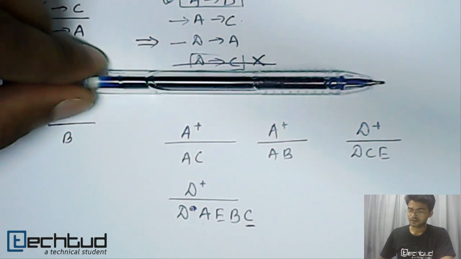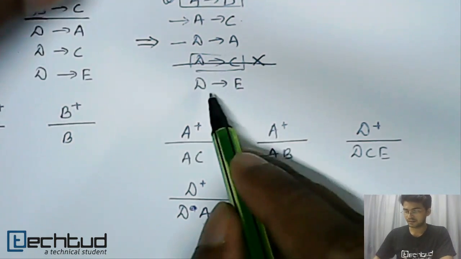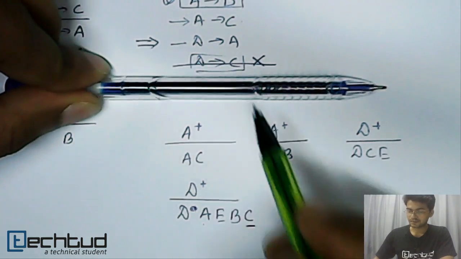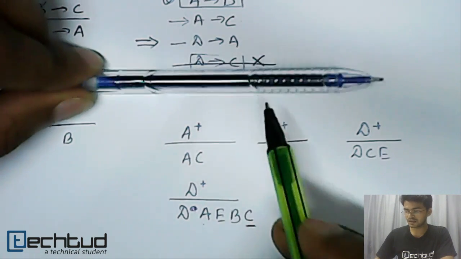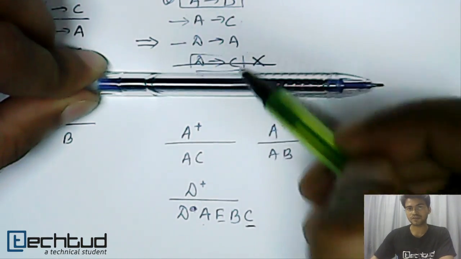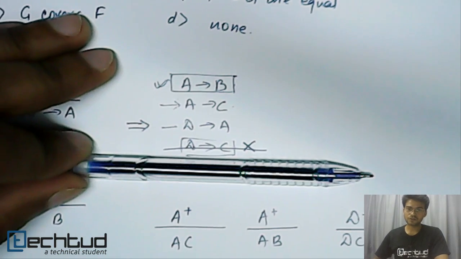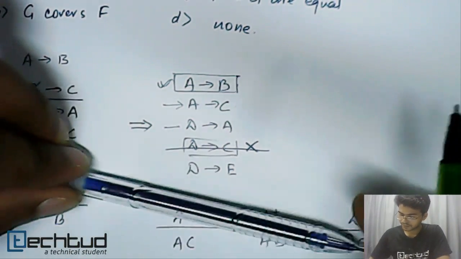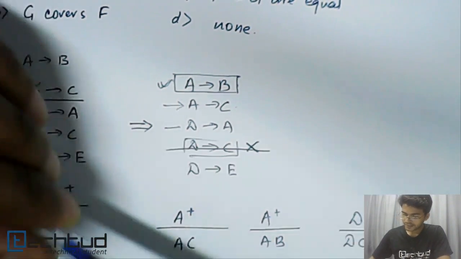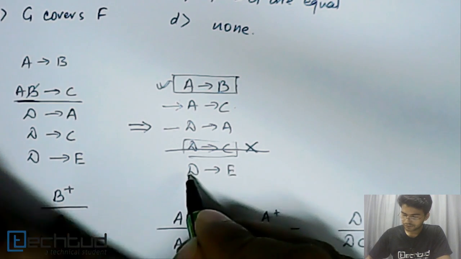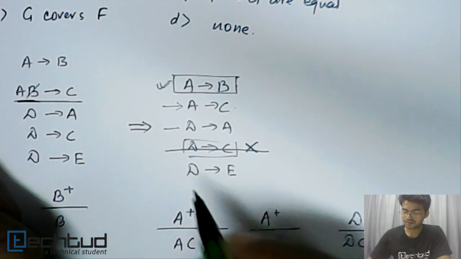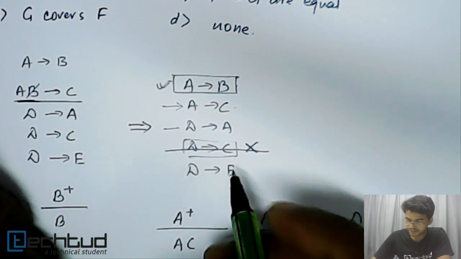Now similarly we can check D determines E, and as we can see, without using this we cannot determine E anywhere, so we need not check. This is also one point which you can always take care of, that this E can only be determined from D, right? This is an important point, you can note. It will save time.